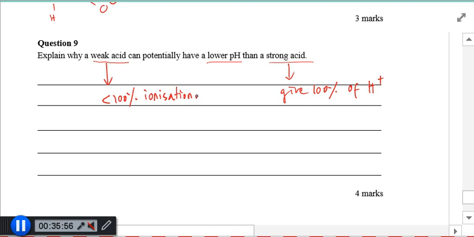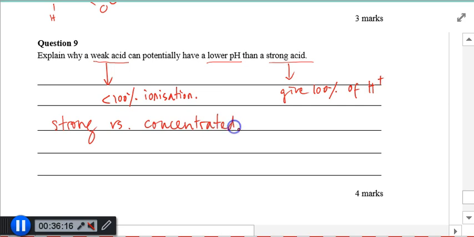But we also talked about the difference between concentrated, we talked about strength, strong and weak, as being one form of descriptive for acids, but we also talked about concentration as another descriptive, okay? So strong versus concentrated.